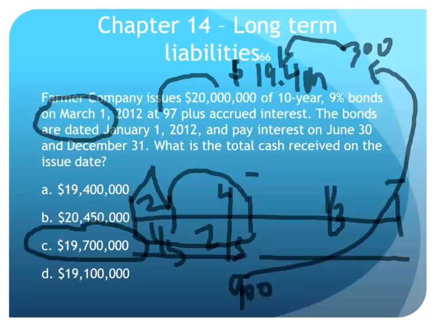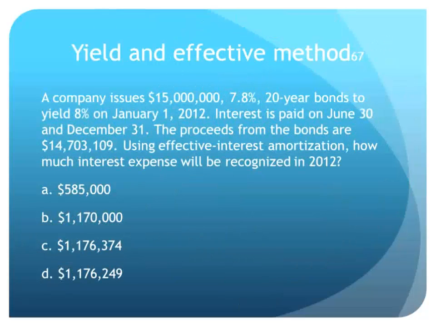So moving on to the next question, here a company issues 15 million 7.8% 20-year bonds to yield 8% on Jan 1, 2012. Interest is paid on June 30th and December 31.